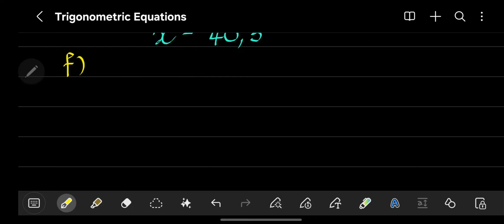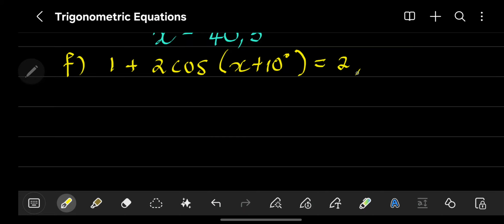For alphabet F, we have 1 plus 2 cosine (x plus 10 degrees), close the bracket, equals 2.356. Okay.